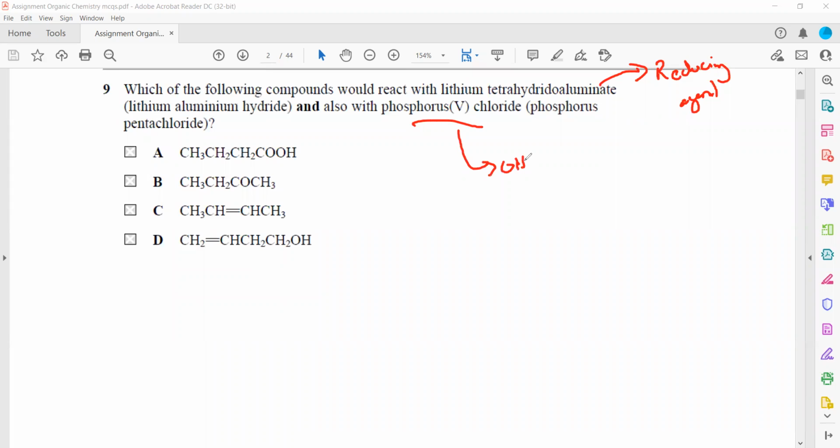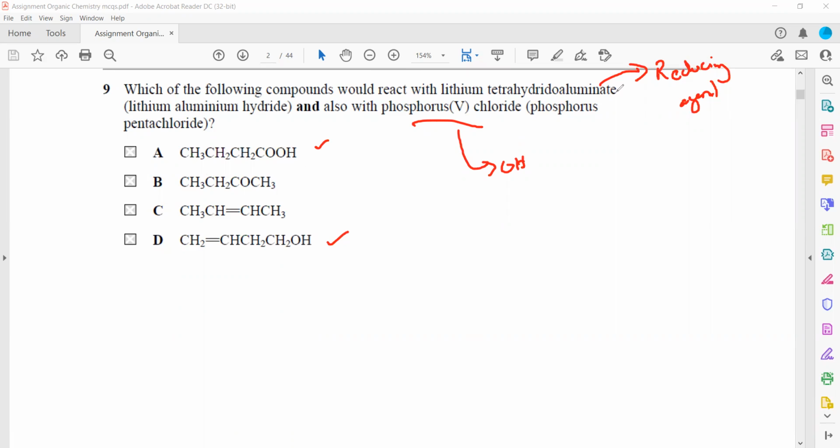If anything has an OH, it will give a positive result with PCl5. So it can be an alcohol or a carboxylic acid. When we check the options, PCl5 can react with an alcohol or a carboxylic acid, so either A or D can be the answer.